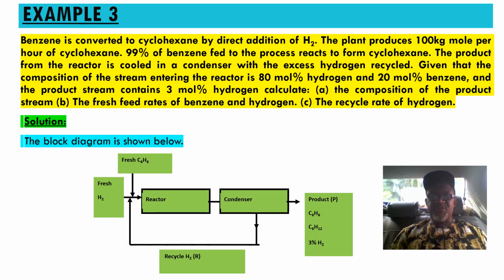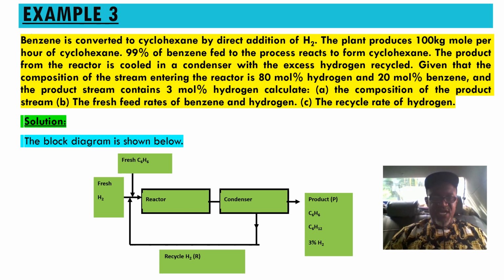Look at another example, a lengthy one, complicated, but we took it step by step. First thing you must always do is to draw the flow chart. Because if the flow chart is not correct, then whatever you're solving is likely to be wrong.